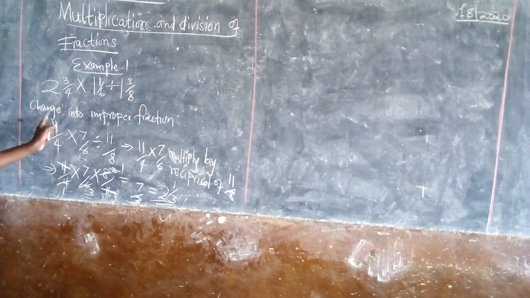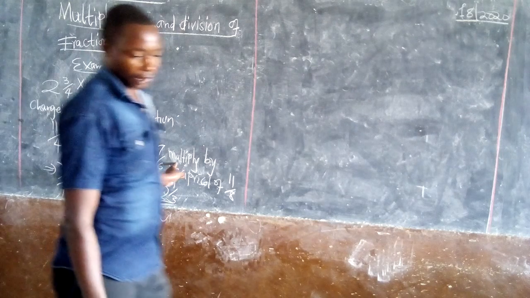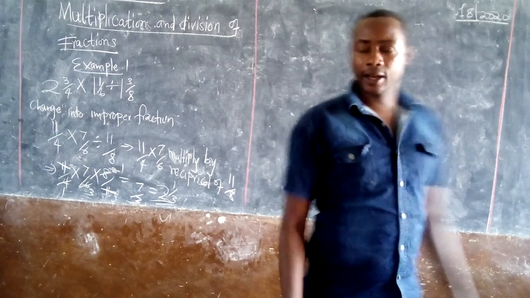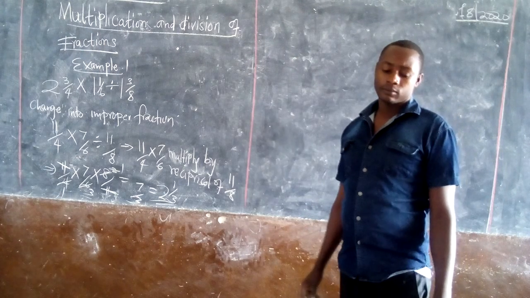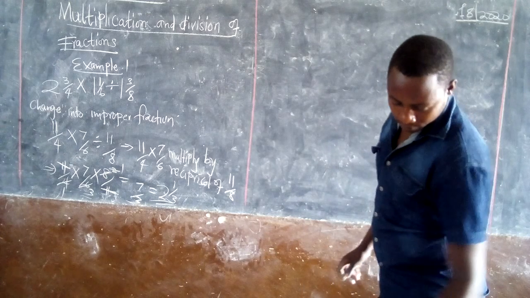So we have these steps: change into improper fraction, multiply by the reciprocal, then after that, you simplify by cancellation. Another example on the same.